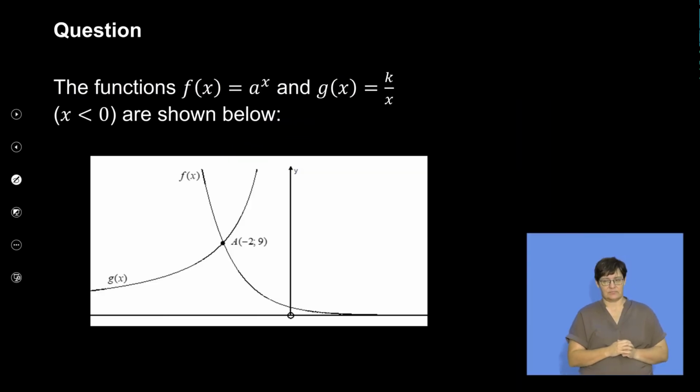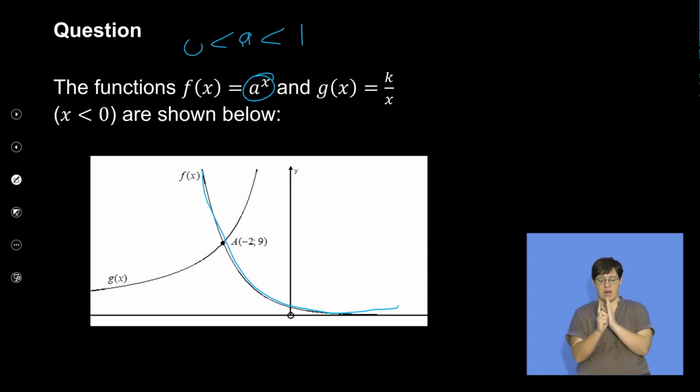Now, with the exponential graph, it says the function f of x is equal to a to the exponent of x. Already you can see this is a decreasing function, so the value of a must be a fraction between 0 and 1.